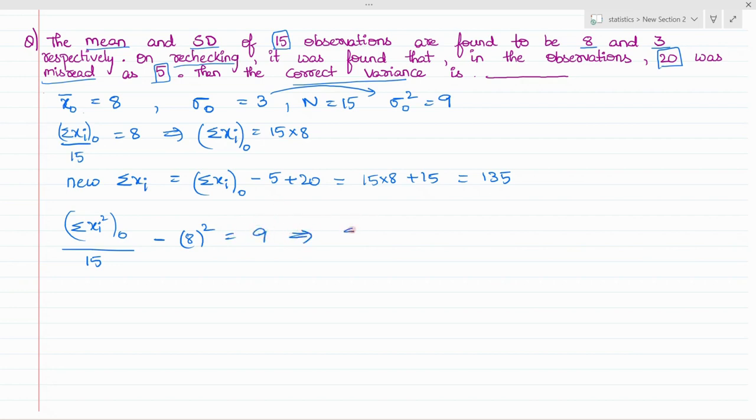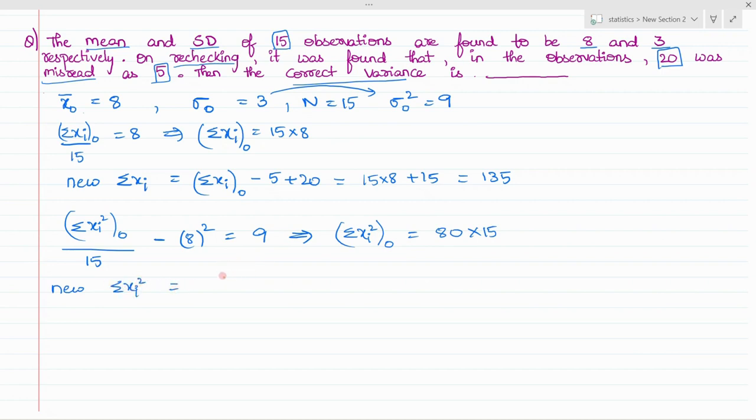From here we can get sigma xi square old as 8 square, 72, plus 9, it's 80, into 15.